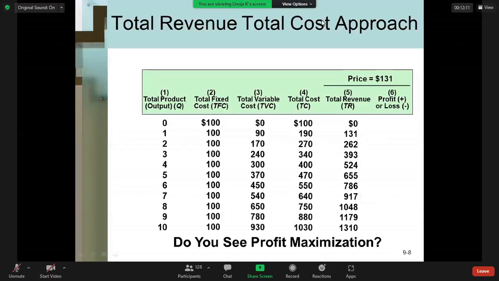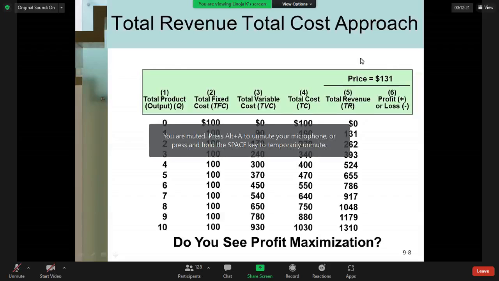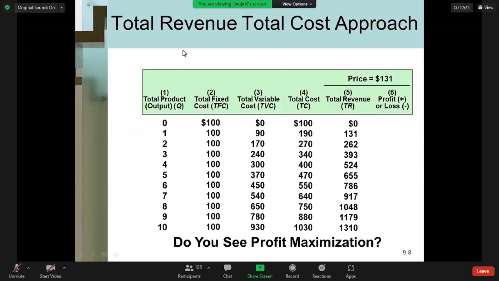Those who have a problem, please let me know. Then you can find out the profit. How can you find out the profit or loss? What is the way you are going to use? Difference between total revenue and total cost, good. So that is the condition in this approach, the total revenue, total cost approach.